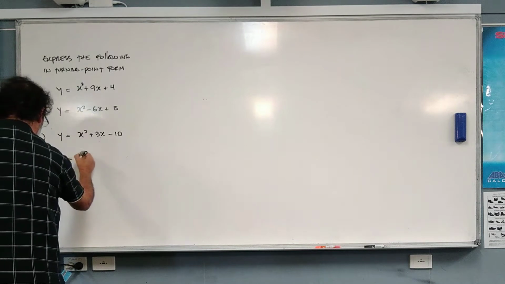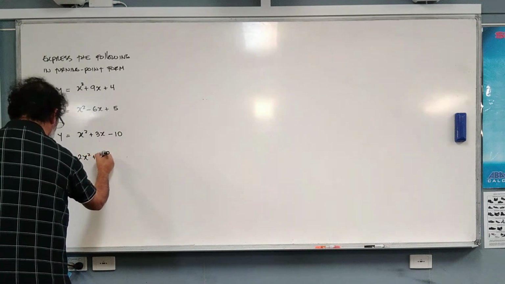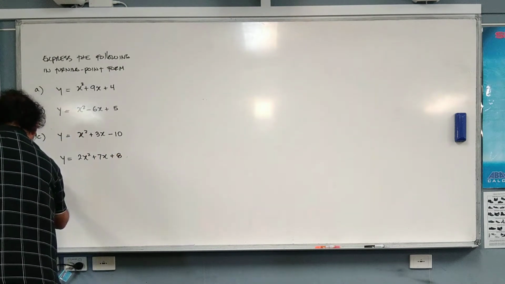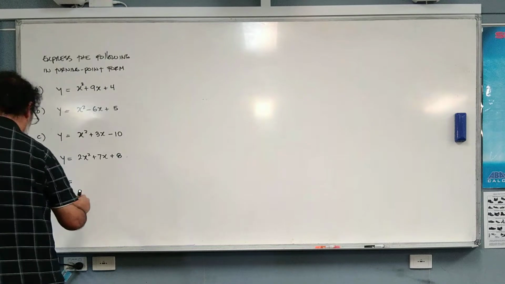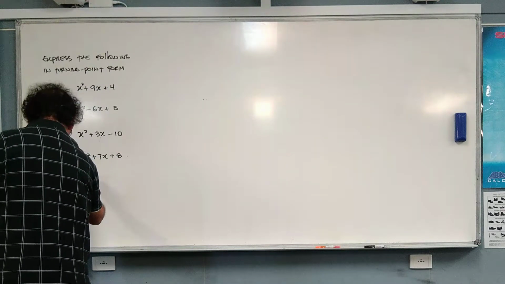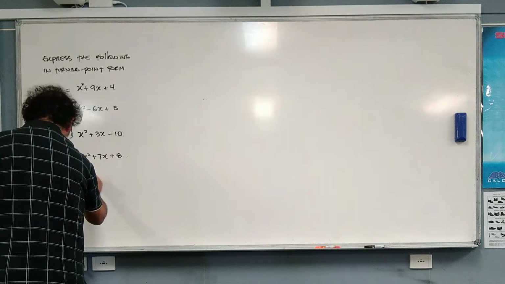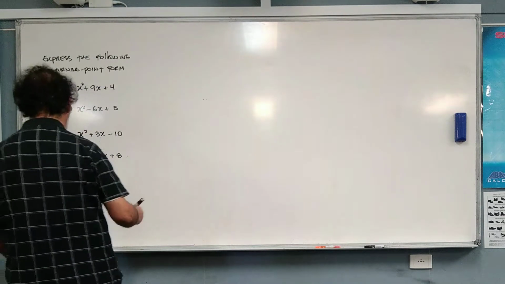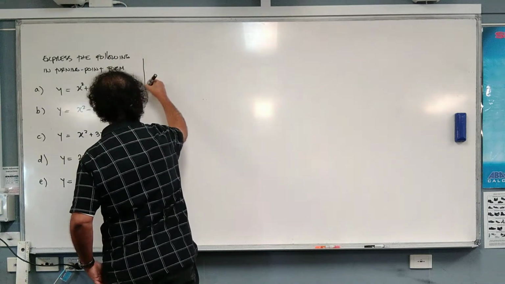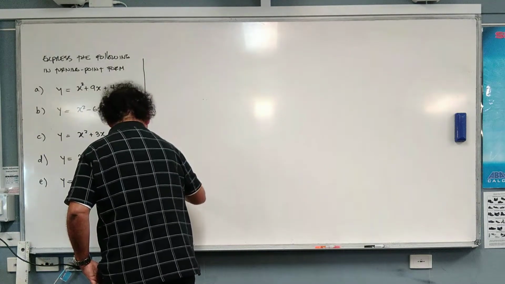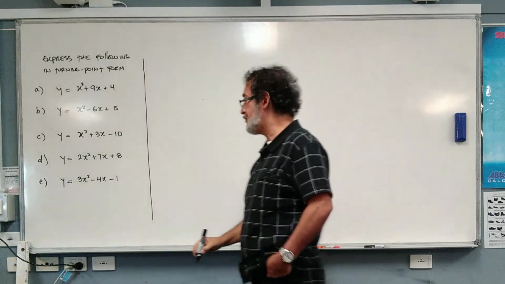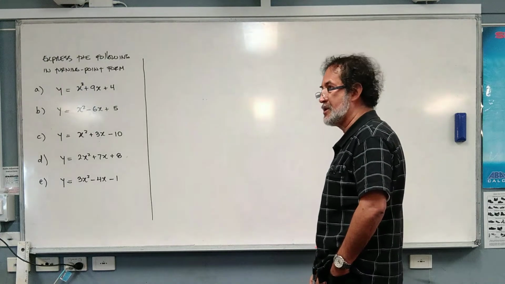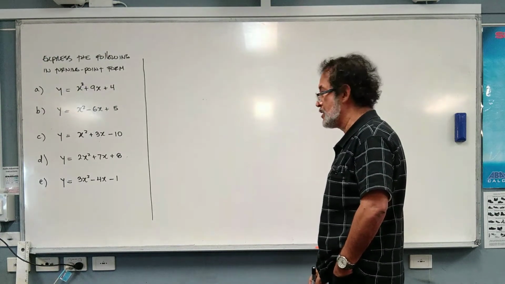D: y equals 2x squared plus 7x plus 8. And E: y equals 3x squared minus 4x minus 1. Okay, so we have this parabola given in general form, but then we're going to express that in the turning point form.